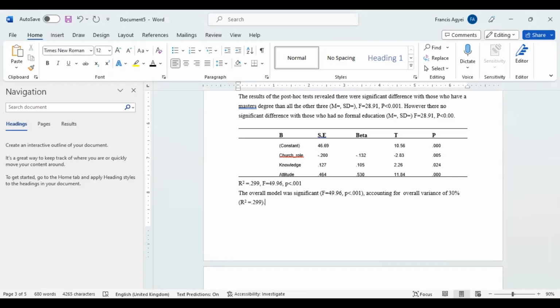Now we have to move on to explain the individual variables. So this is how we'll do it for the individual variables.